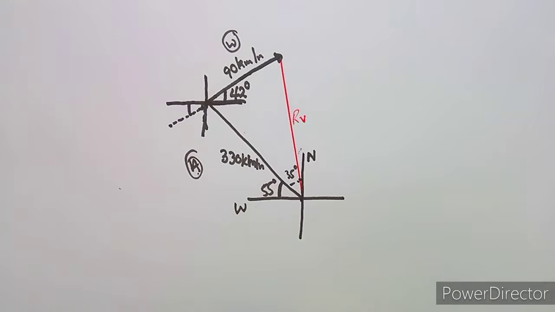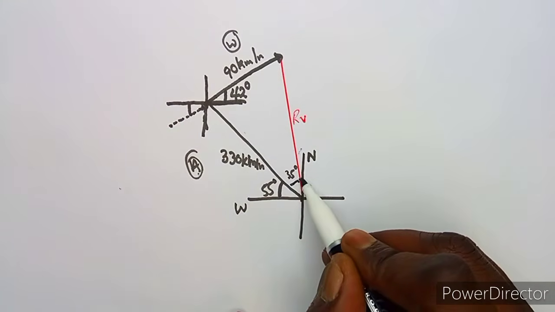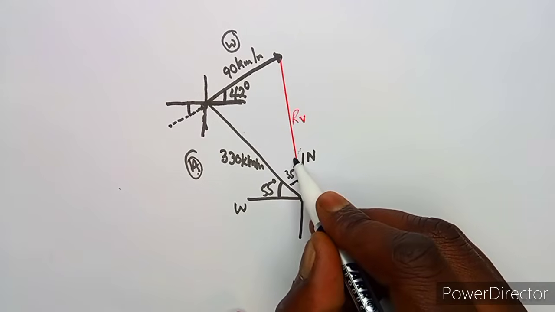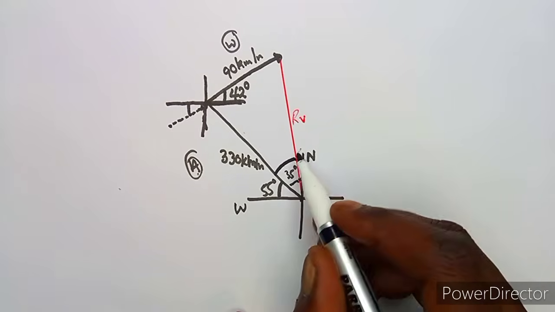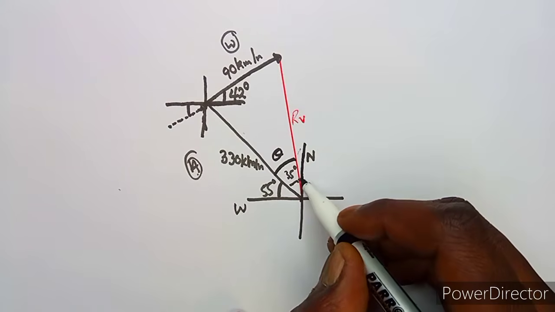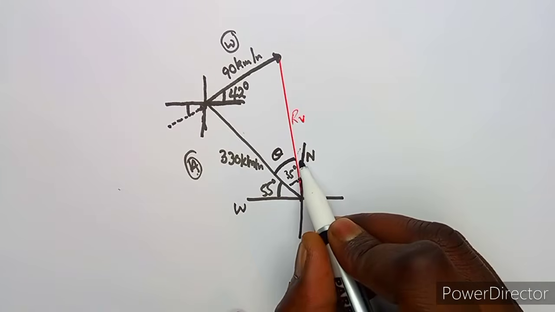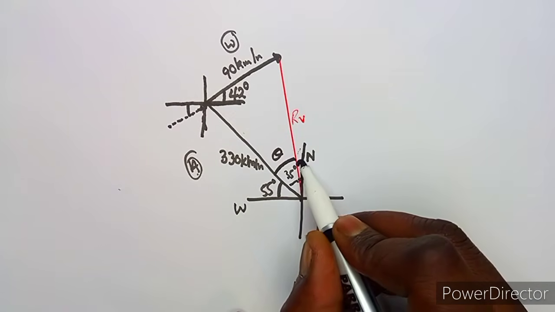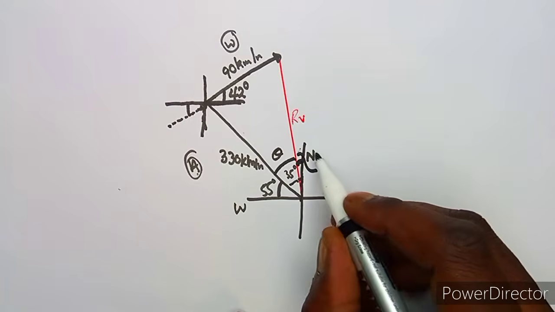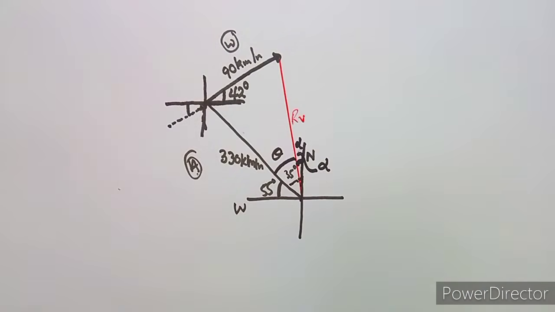All right, so for the direction, take note, remember this whole angle was 35. So there's going to be this angle in between which is created, let's just call it theta, and then there's going to be an angle in between the resultant and the north pole here. There's going to be a small angle left here, let's just call it alpha.